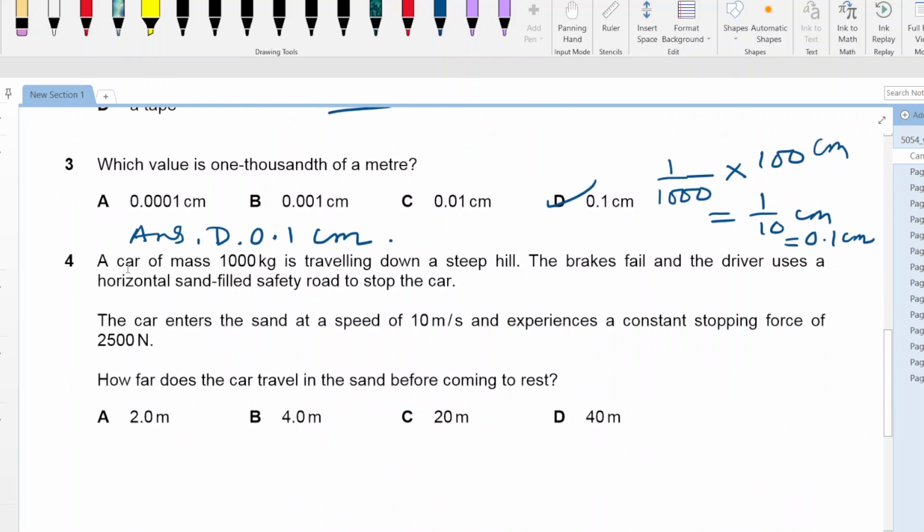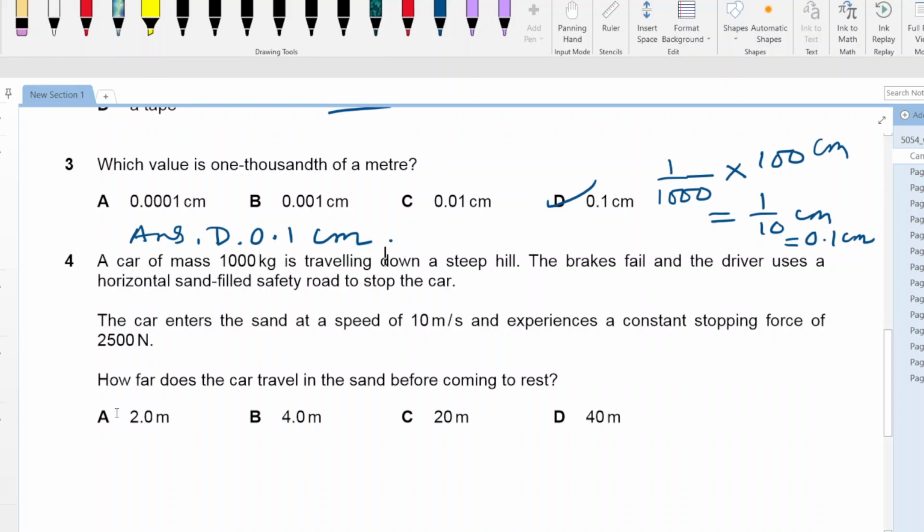Question 4. A car of mass 1000 kg is traveling down a steep hill. The brakes fail, and driver uses a horizontal sand-filled safety road to stop the car. The car enters the sand at a speed of 10 meters per second and experiences a constant stopping force of 2500 Newton.